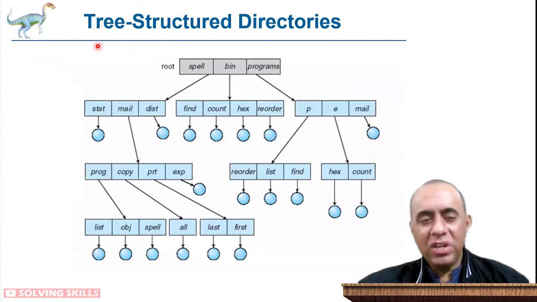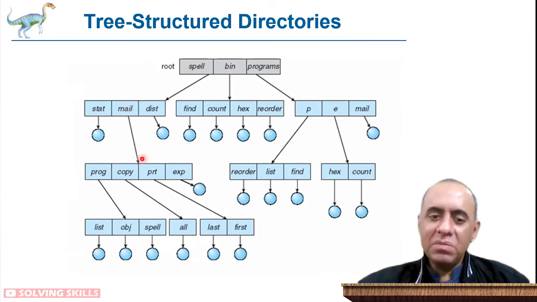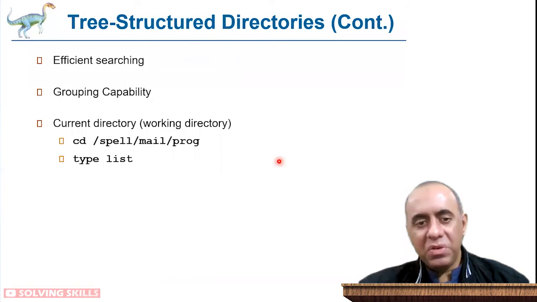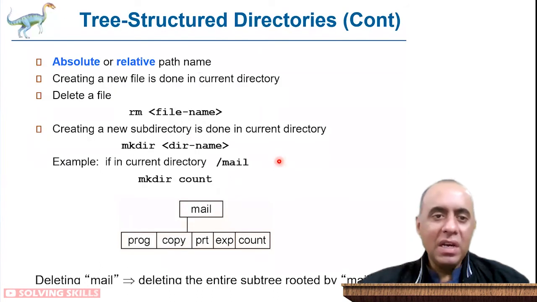Then we came to the tree structured directory, where we had subdirectories, and inside subdirectories we had multiple files, and each file would point to the logical blocks that it contains. Sometimes even multiple directory locations could point to the same physical files for optimization.